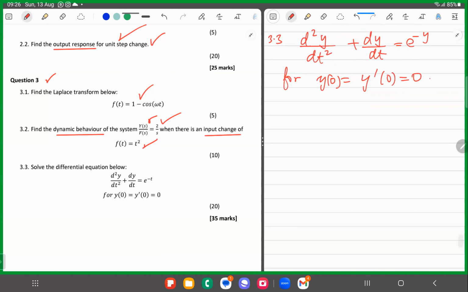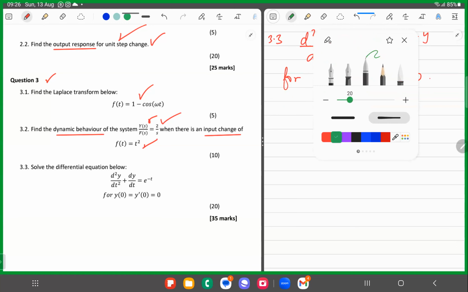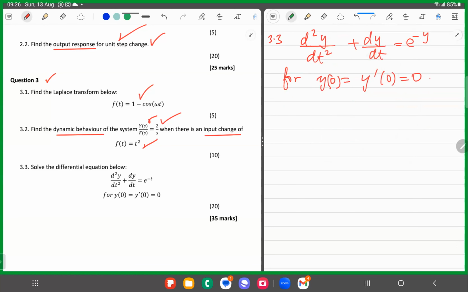So what is all this here? Then we get the L. So to solve the differential equations, we use the Laplace transform. It is the easiest one to use. So just take the Laplace transform L of the left-hand side, which is d squared y dt squared plus dy dt.